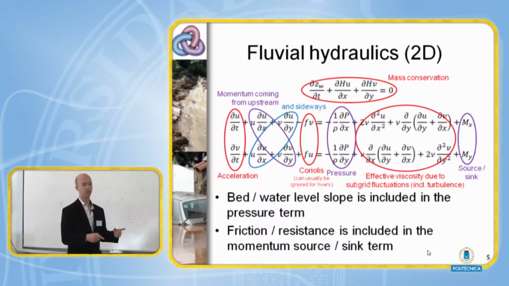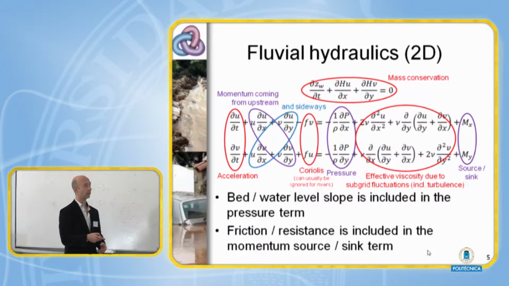But if you change to 1D, and we'll do that in a minute, then some of the terms start to disappear. You lose a lot of these terms, and you lose some of the pressure terms because you ignore lateral variation in the water levels.